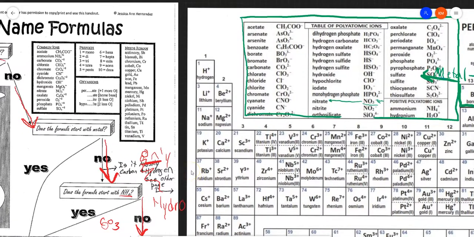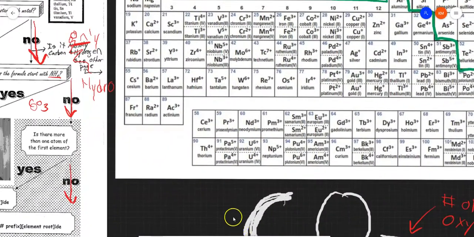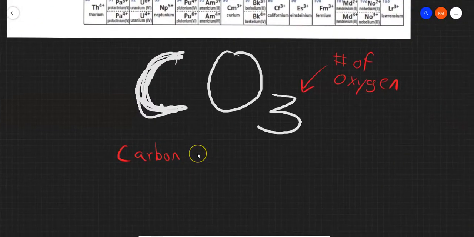So number prefix, if we come up here, okay, these are my number prefixes. And this tells you what needs Roman numerals. So like the iron 2, just as a little side note. But here's our number prefixes, and the prefix for 3 is right there, tri. So we say tri, number prefix, word root, which is ox, and then IDE.